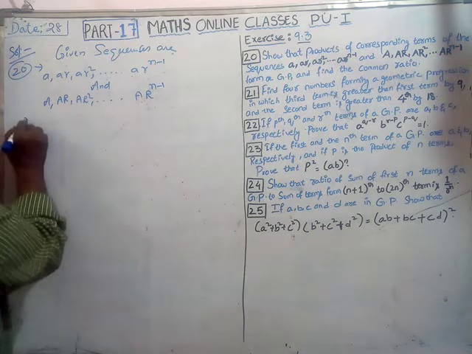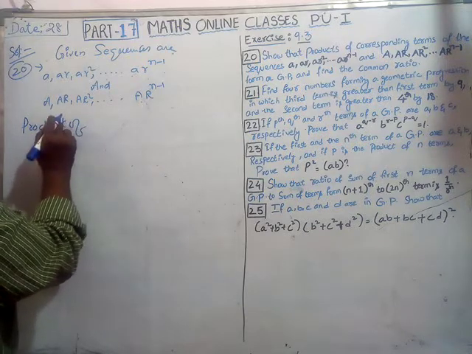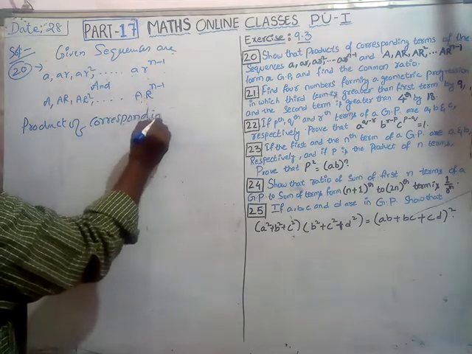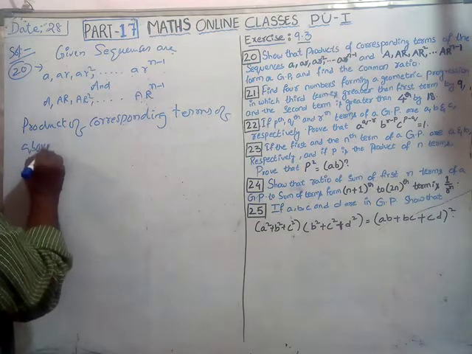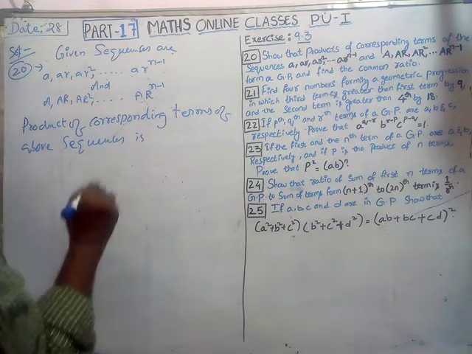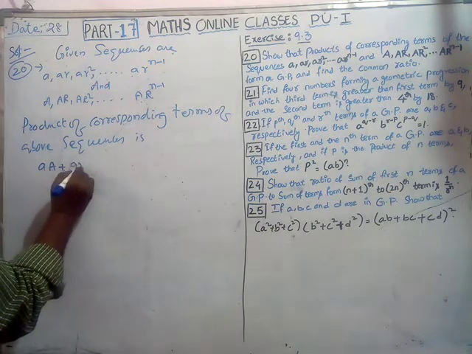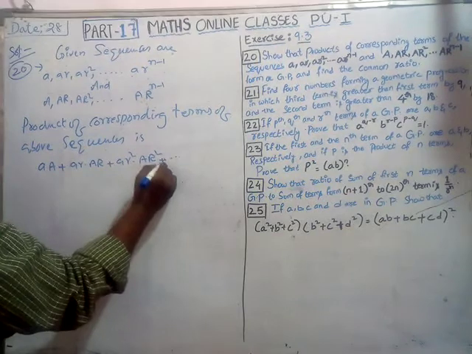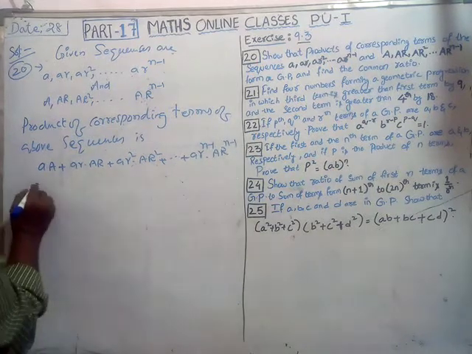The product of corresponding terms of the above sequences is, that continued product, A capital A plus AR capital AR plus AR square capital A R square, and so on up to the last term AR power n minus 1 capital A capital R power n minus 1.